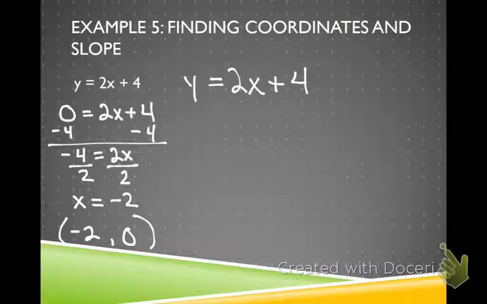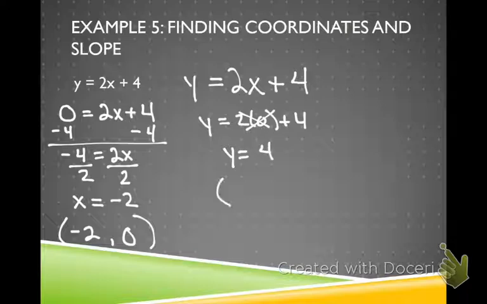All right, so now let's solve for y on the second one. So y equals 2 times 0 plus 4. Well, 2 times 0 is 0, so y equals 4. And what would be my ordered pair for this one? Got it. It's 0, 4.